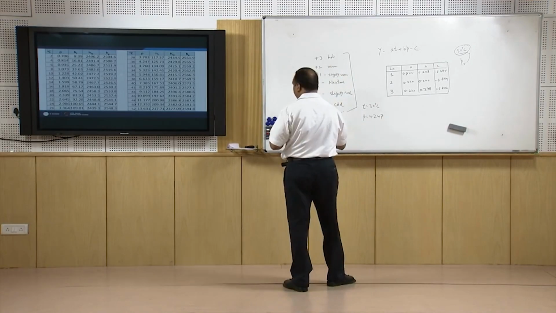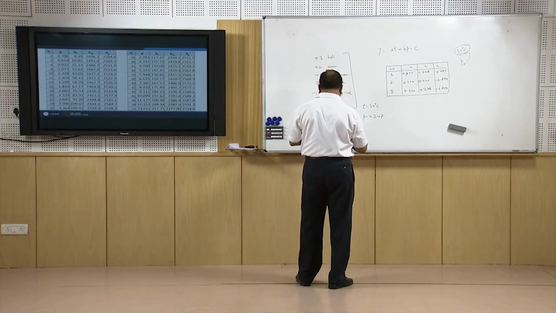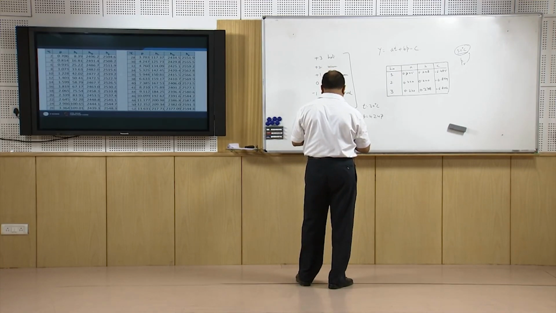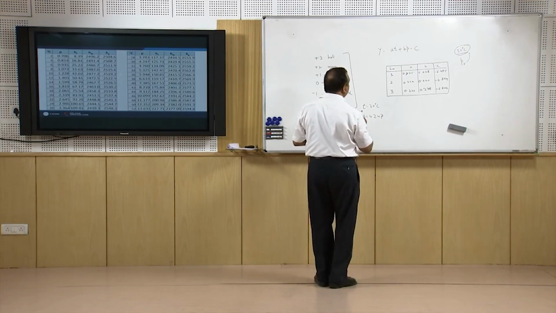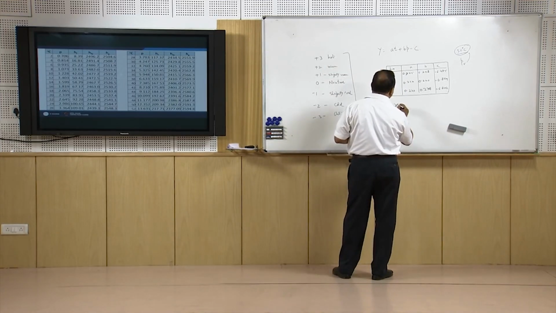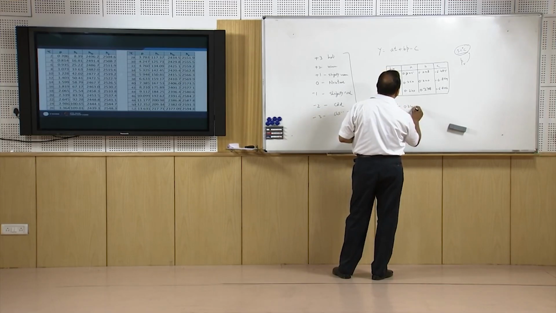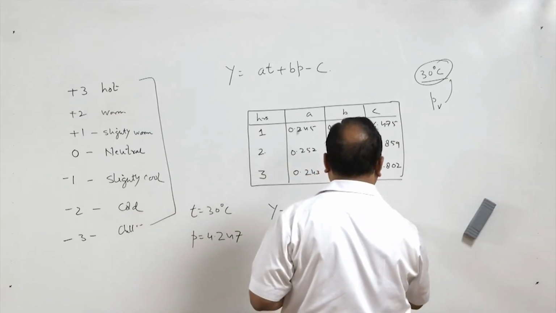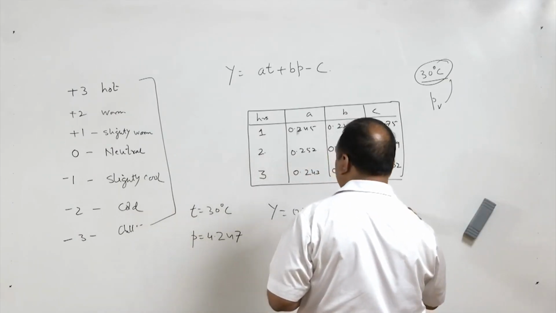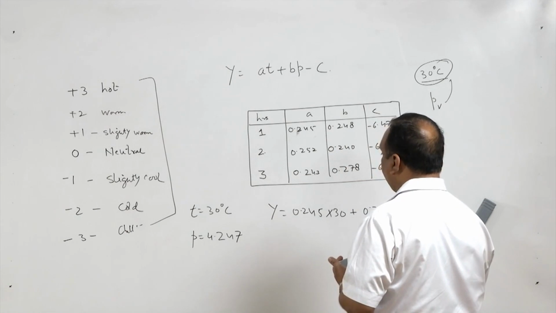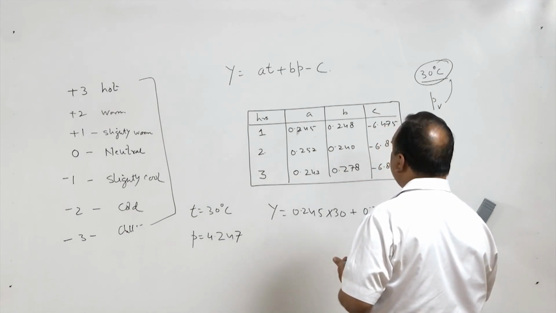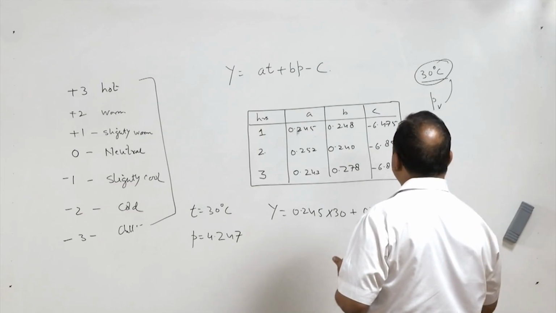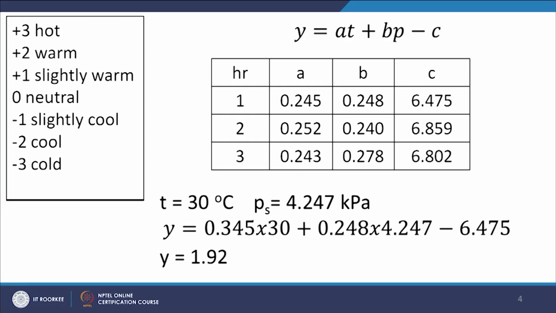So partial pressure of water we have also taken into account, and with this, if I take 1 hour working, so 1 hour working means Y is equal to 0.245 multiplied by 30 plus 0.248 multiplied by 4.247 minus, so it is minus C, it will be minus 6.475.